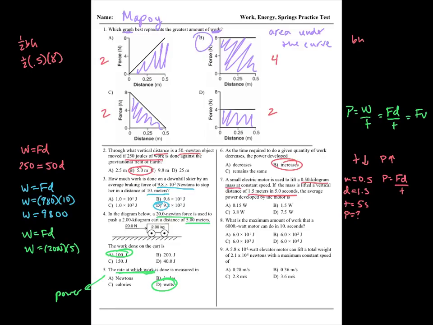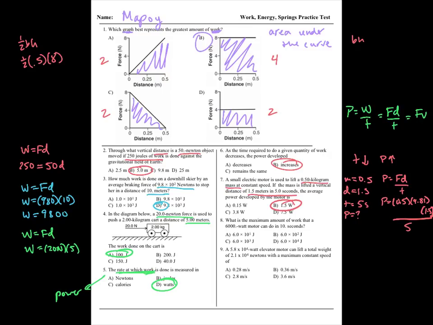Keep in mind, if they give you mass and you're lifting it vertically, we need to change it into a force. That means finding its weight, multiplying by 9.81. So 0.5 times 9.81 times 1.5, divide all that by 5, and you should get 1.5 watts.